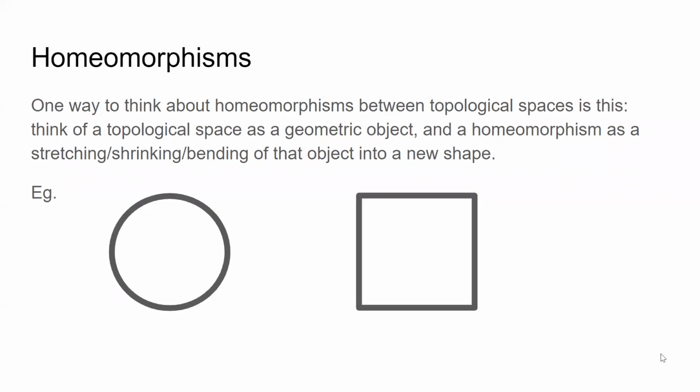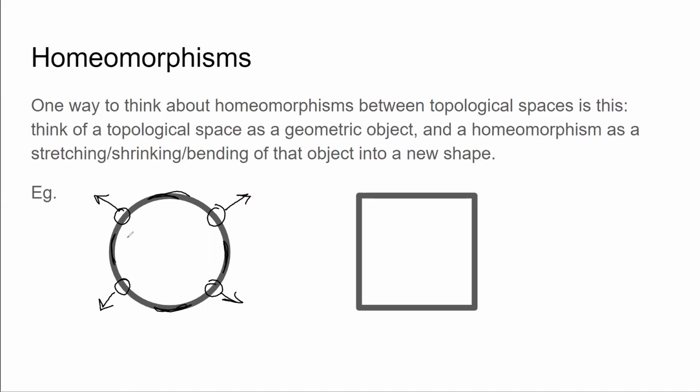All right, so if I have a circle, for example, I can think about stretching and bending that shape into a new shape. Imagine you take this point, this point, this point, and this point of a circle, and you pull them out towards four corners while trying to keep the other points relatively closer to where they are.